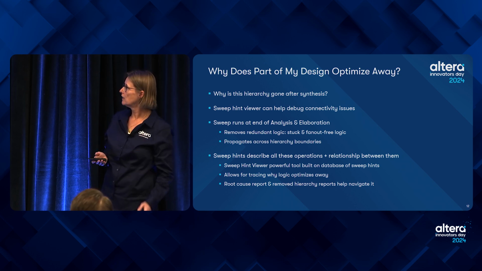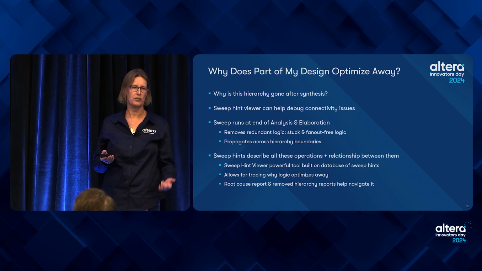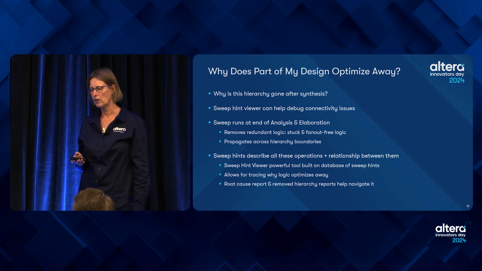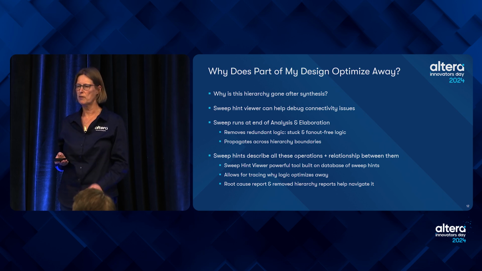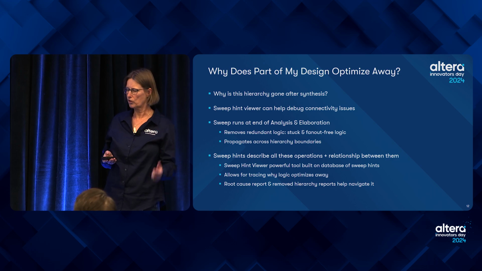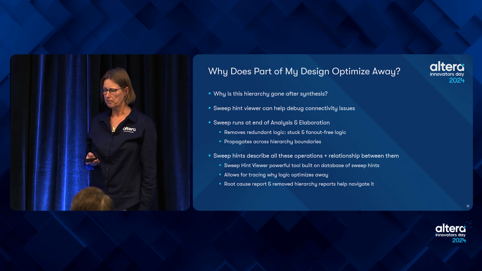Typically, these things happen because there's some connectivity issue in the design, like maybe the clock wasn't connected right in some of the hierarchies, maybe some signal name was mistyped, or some value got the wrong default value. So we wanted to make a tool that helps people debug these kinds of connectivity issues.